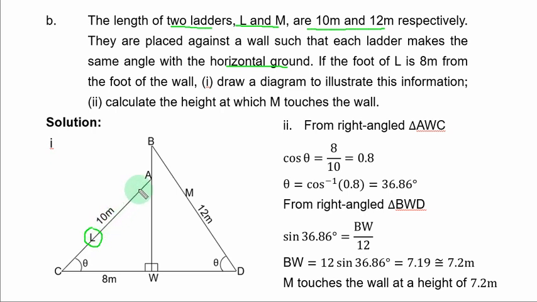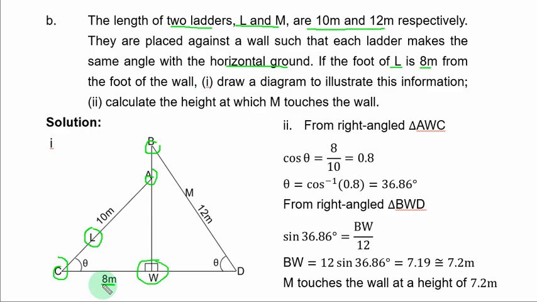While ladder L ends here, ladder M ends here because of the different lengths that they have. Now they make the same angle with the horizontal, and the foot of ladder L is 8 meters from the foot of the wall. This is the foot of the wall. So from this place to the foot of the ladder, the distance there is 8 meters.